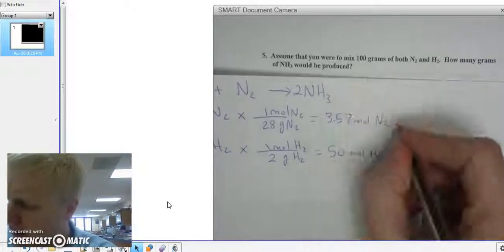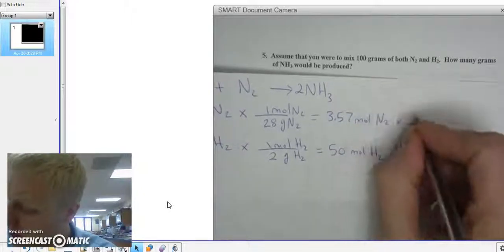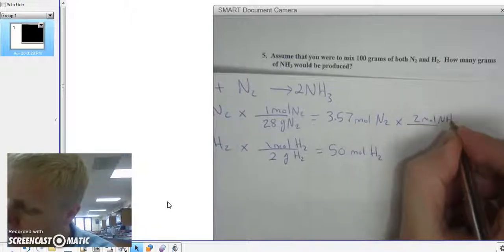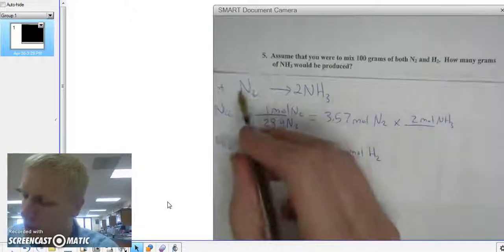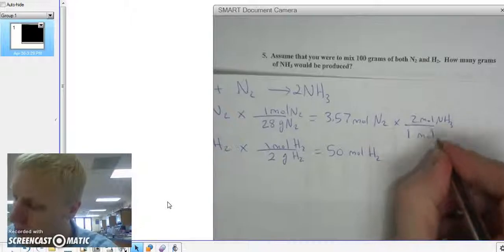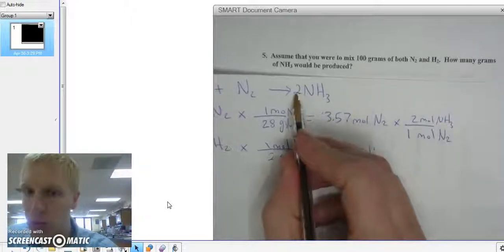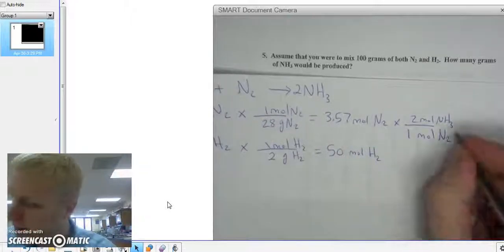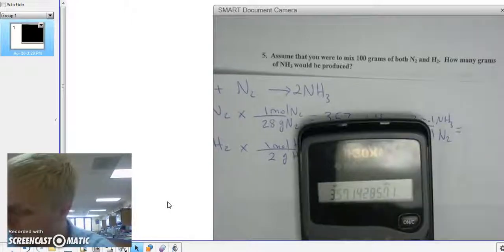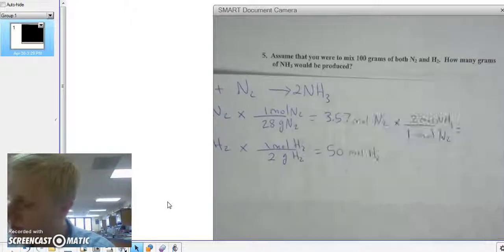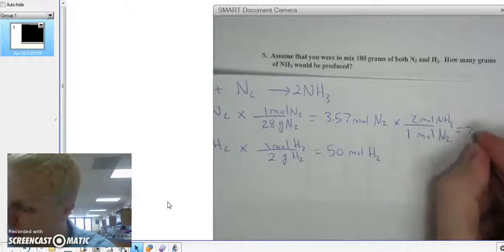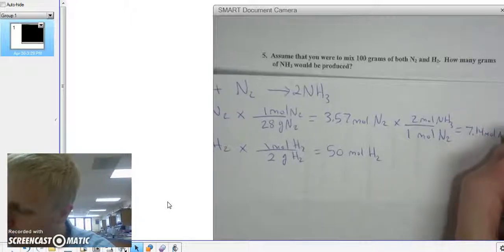And we want to find our product, so I'm going to do this for both of them. We got 2 moles of NH3 divided by 1 mole of N2. 2 over 1. And that's going to give me 3.57 times 2, which is 7.14 moles of NH3.